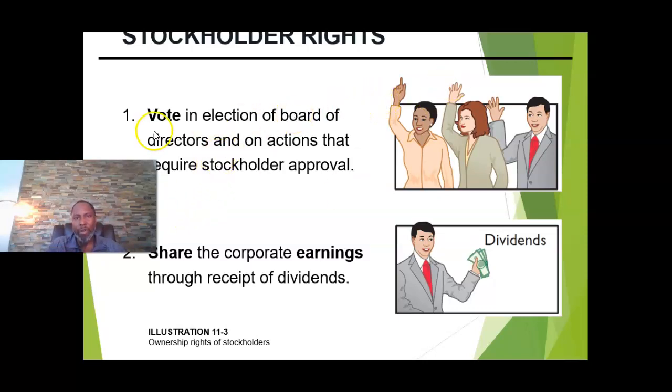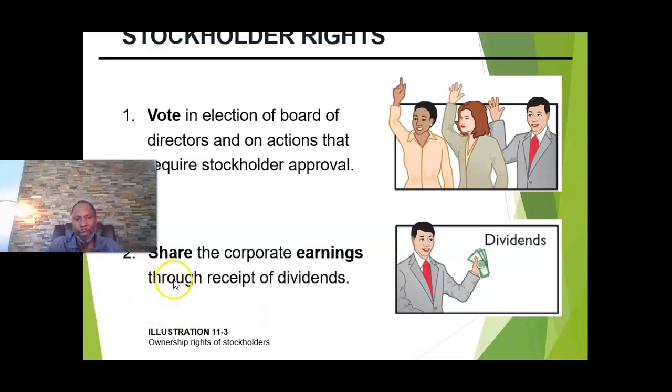So as I mentioned before, as a stockholder, you're able to vote on who becomes members of that board of directors. That is an extremely important right because once again, that board will pick out the president and/or CEO of that corporation. So you need to know that those board members have the best interest of the corporation, that they're looking out for your best interest.